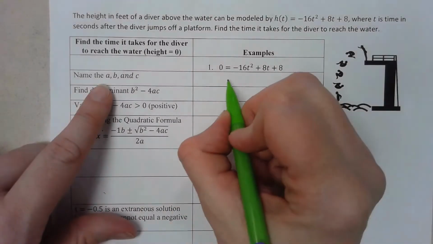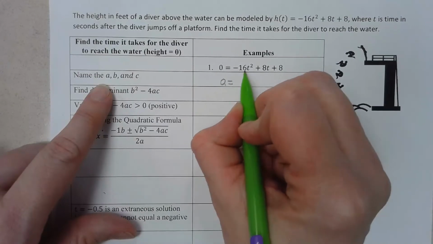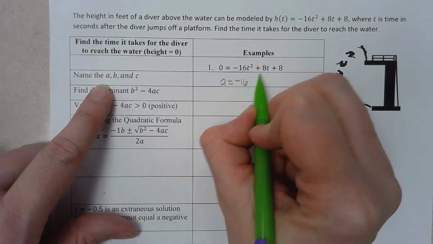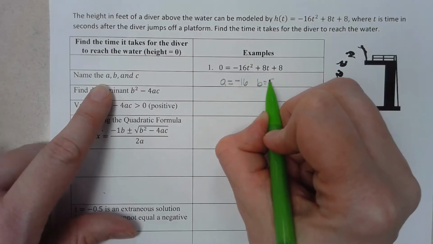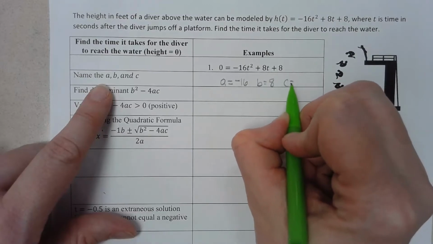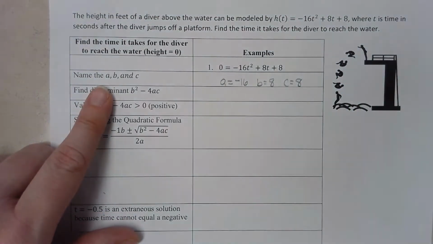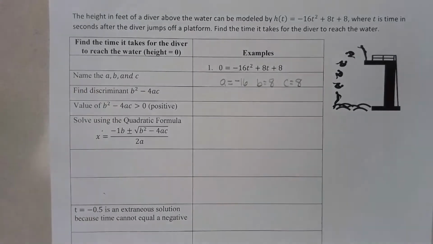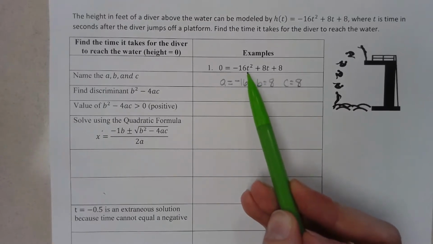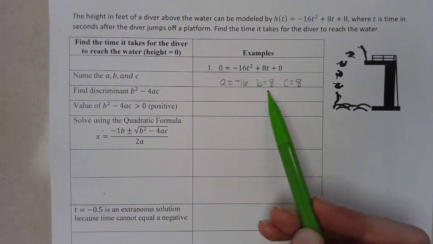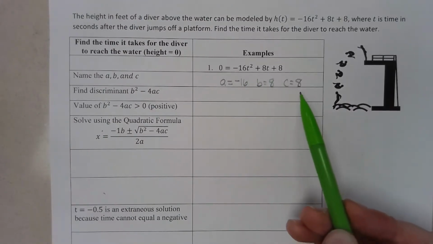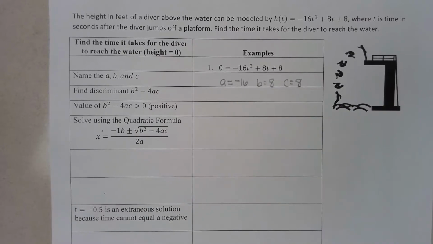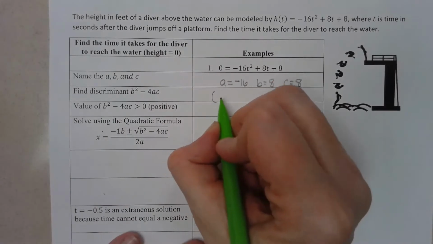We're going to start with naming our a, which is negative 16, b equals 8, and c equals 8. And yes, even though this variable is t, it works just like equations in standard form with the variable x. The a is in front of the t squared, b is in front of t, and then c is the constant on its own. Well, let's start with the discriminant.